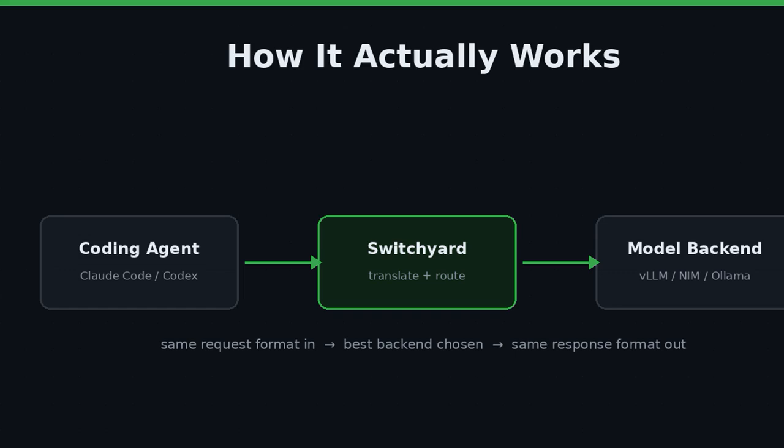Switchyard then re-encodes the request into whatever format that target expects, vLLM, NIM, Ollama, or a hosted API, sends it off, and translates the response back on the way out. From the agent's point of view, nothing changed. From your infrastructure's point of view, everything is now swappable.